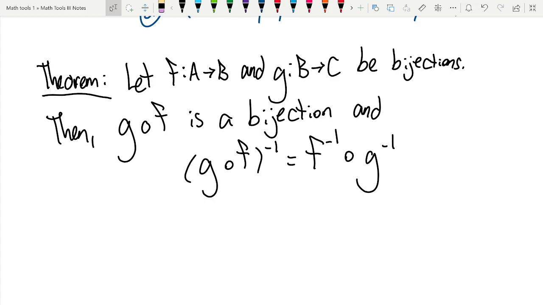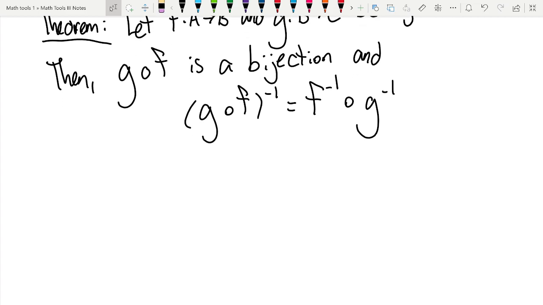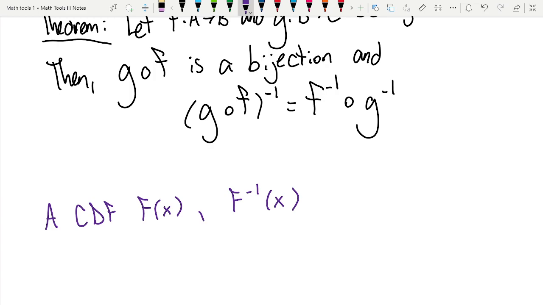So just to leave you with, after all this talk about inverse functions, well, where does this actually come up in probability? Which, of course, you'll talk about more there. But if you have a CDF, which is a cumulative distribution function, f of x, and its inverse, sometimes written f inverse of p, because, all right, so let me back up.